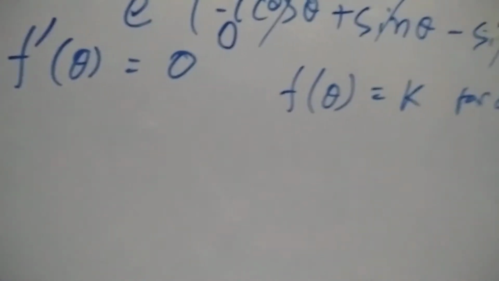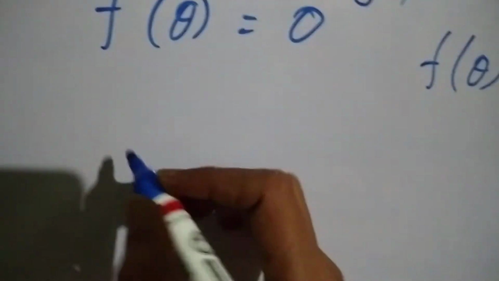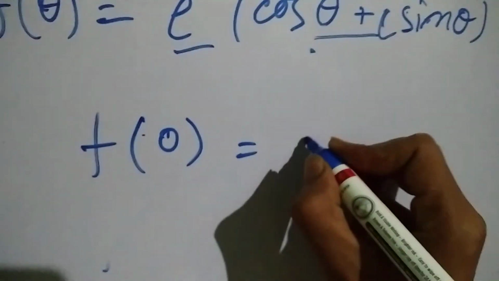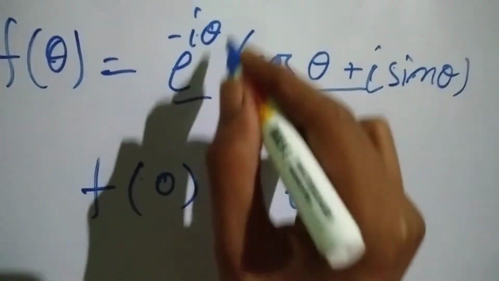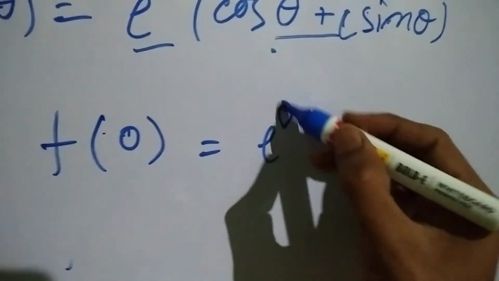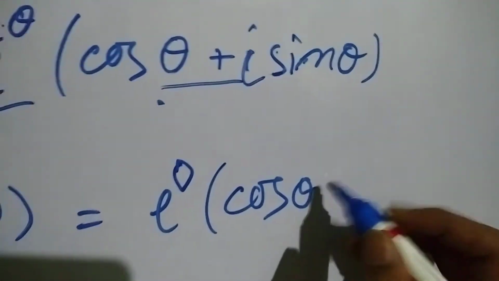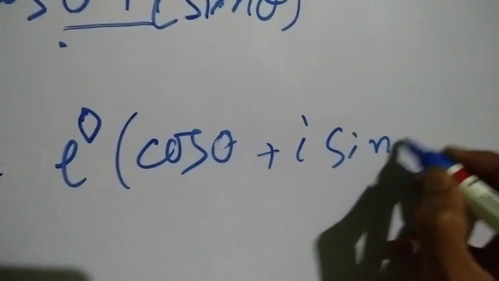Now we have to find the value of k. Let's put 0 in this function and see what we find. If I put 0 here, we get cos 0 plus i sin 0.